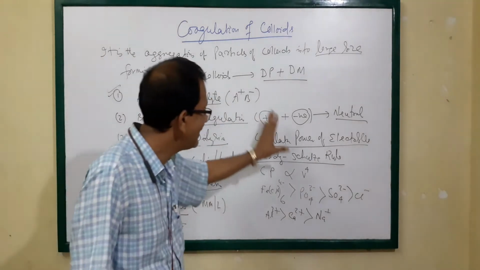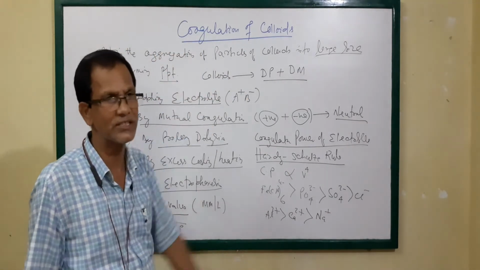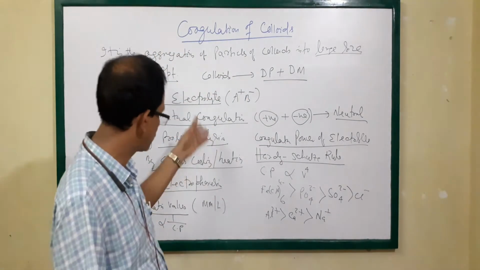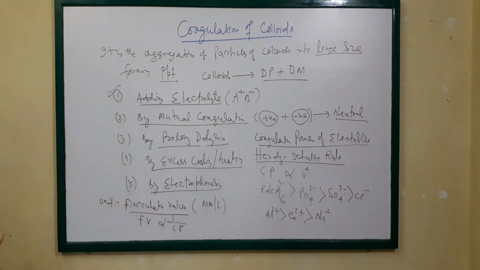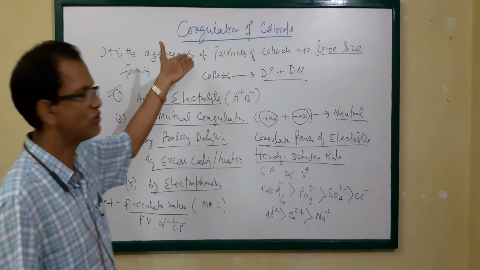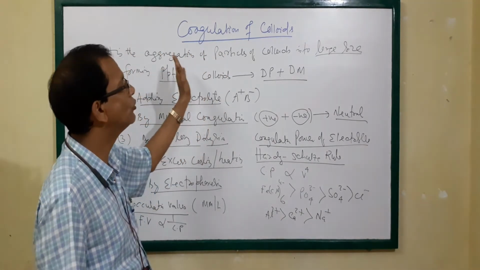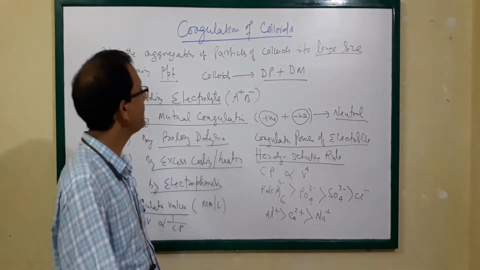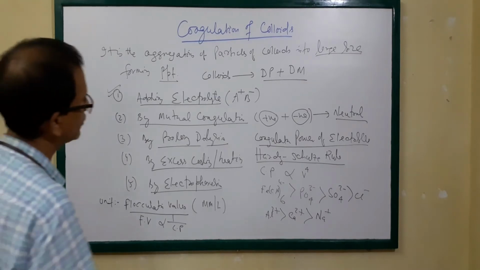So this is regarding the coagulation of colloids. Colloids carry charge, so when the charge of colloids is neutralized, they undergo coagulation. Okay, so this is about the coagulation of colloids.